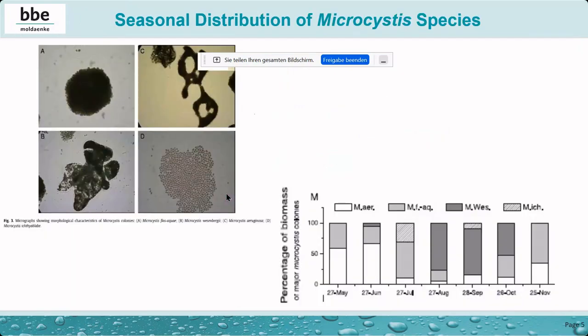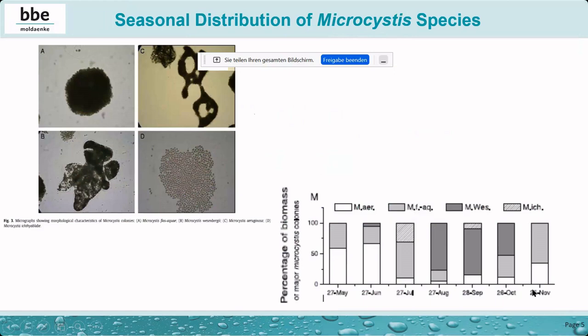Unfortunately, these cyanobacteria are not limited to a certain period. They can come over a very long time of the year. And you see here also microcystis, this blue-green algae shown at the beginning, but different species. When you look at the distribution in time, they can vary over the year.